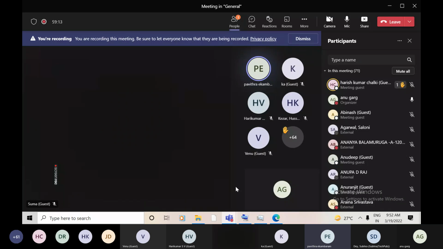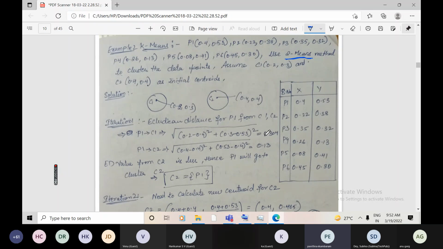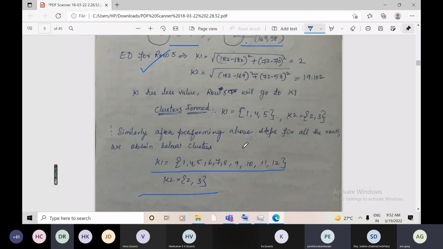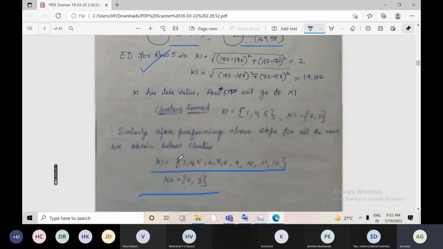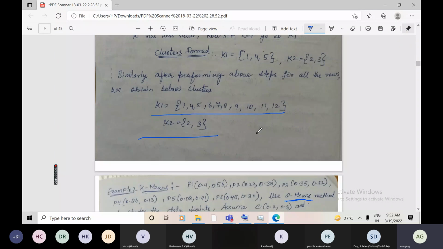It's not that for every point we recompute the cluster. That was my understanding from the class. We can do either way. In some sections they have taught like this. For our section, they have not done any numericals itself, so I have taken this from YouTube or somewhere. But I see that the final answer is coming perfect.